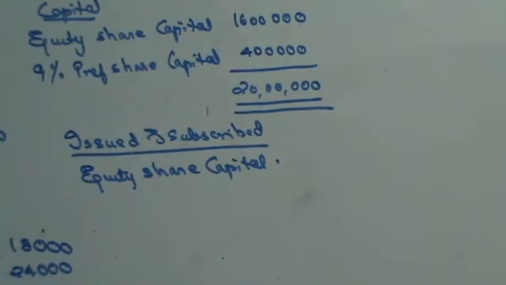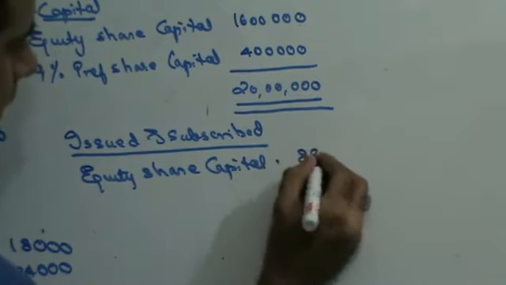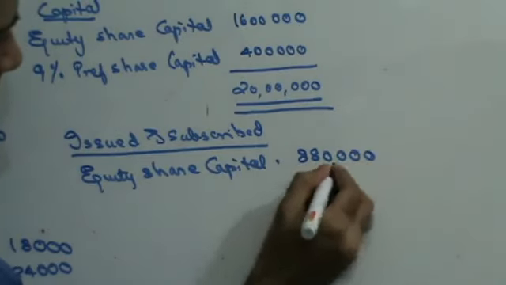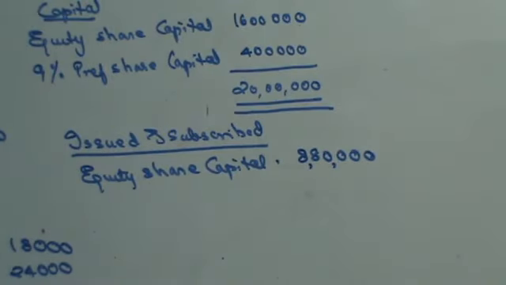Equity share capital is 6 lakhs. For liability, the rule is add credit, subtract debit. Right? On the credit side, 2 lakhs. 6 plus 2, 8. On the debit side, 4 lakhs. 8 minus 4 is 4. On the credit side, 4 lakh 80,000. So that is going to be 8 lakh 80,000. Right, that's equity share capital.